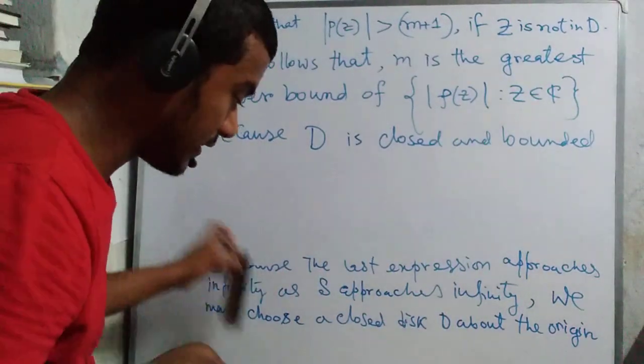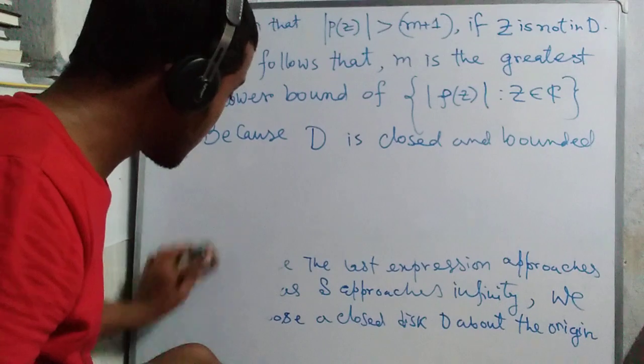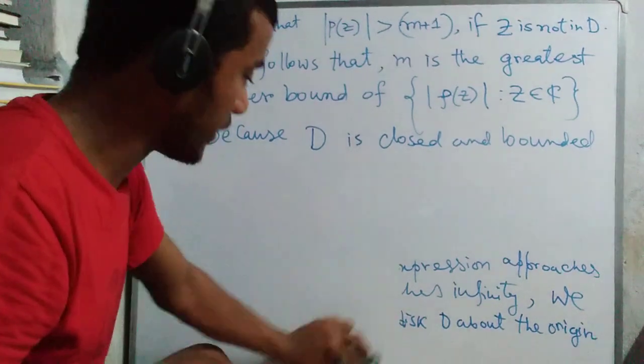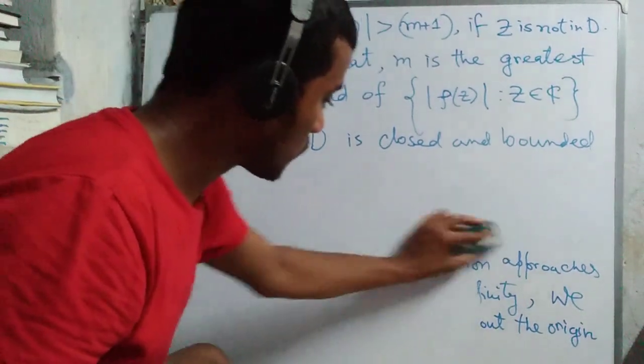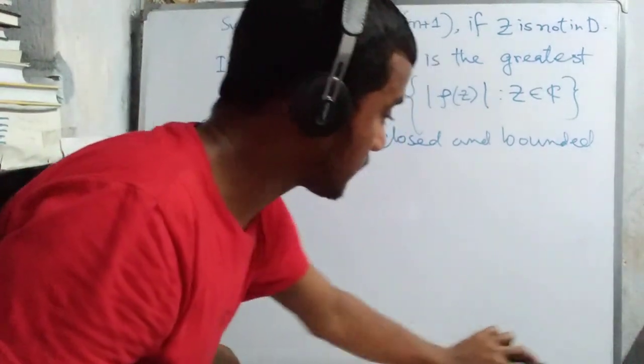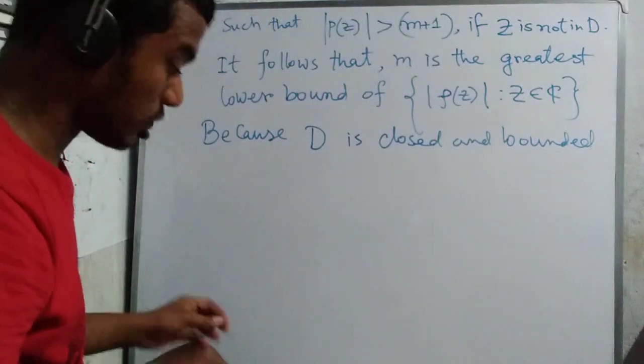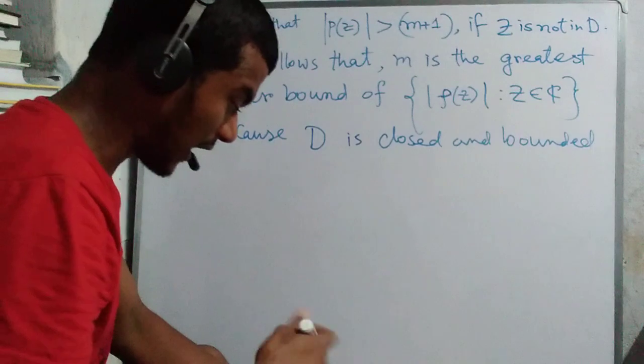So there exists a z0 belonging to D. So it is that lower portion.